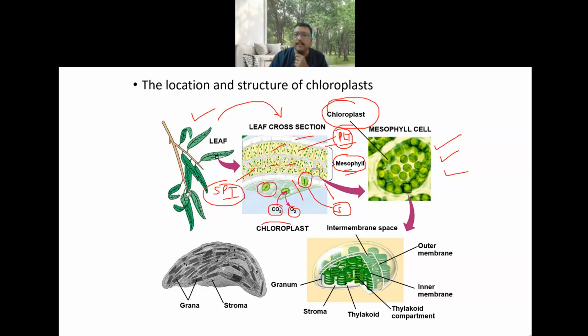If you look at the chloroplast structure here, it has an outer membrane and an inner membrane. There is a space in between, which is known as the intermembrane space or periplastidial space.